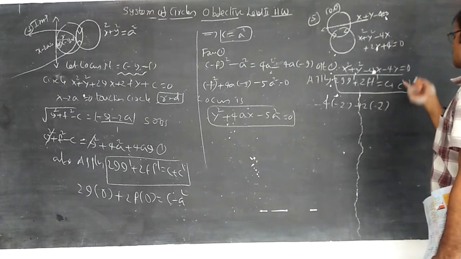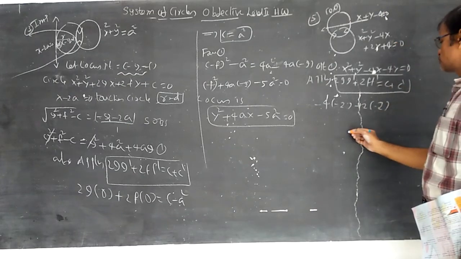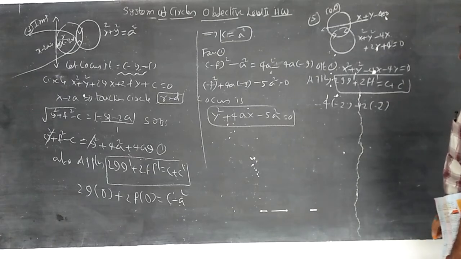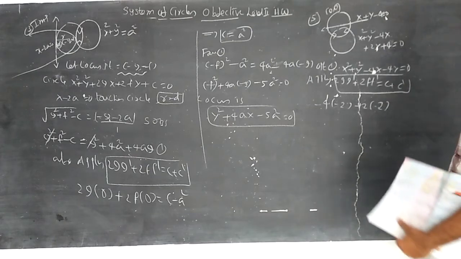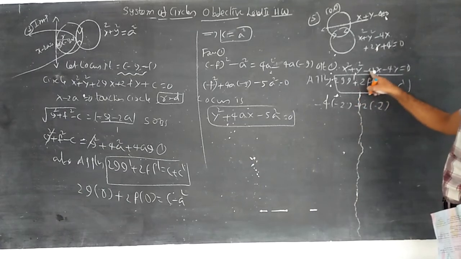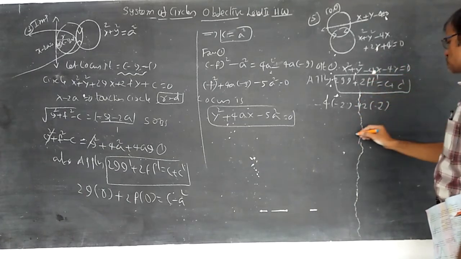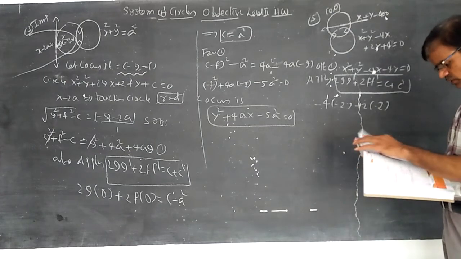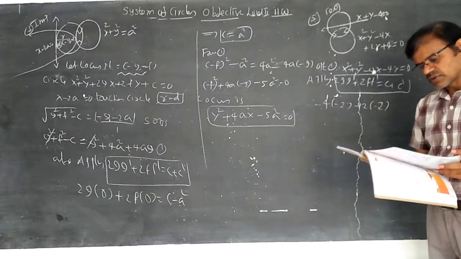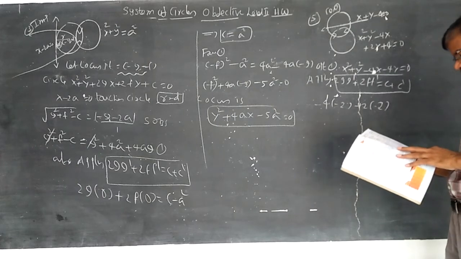There is no c here. So 2g g dash plus 2f f dash equal to c plus c dash: minus 4 into minus 2 is 8, and 2 into minus 2 is minus 4. So option 1 is not correct as given.